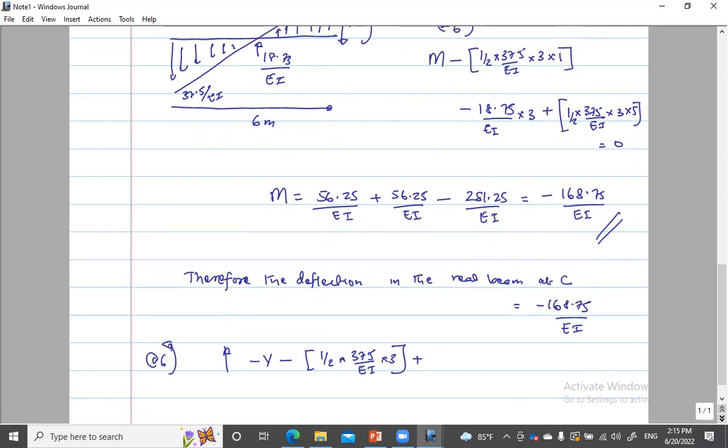Then you have plus 18.75 over EI minus half into 37.5 over EI.